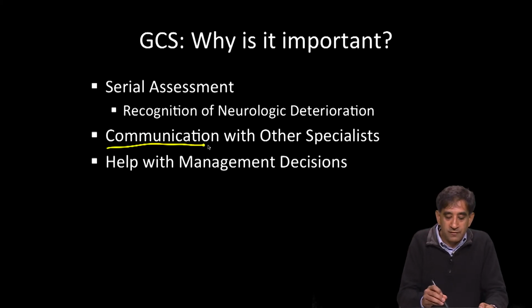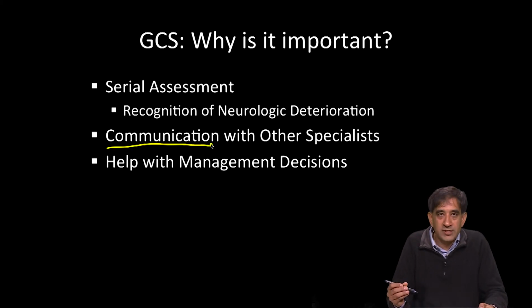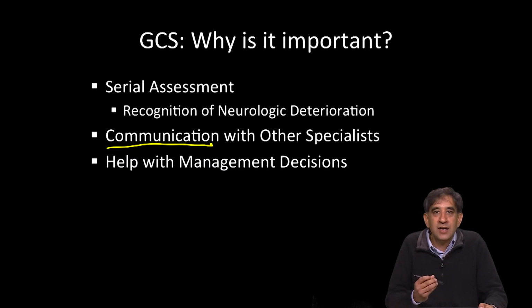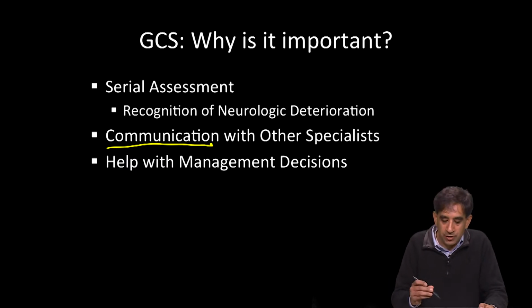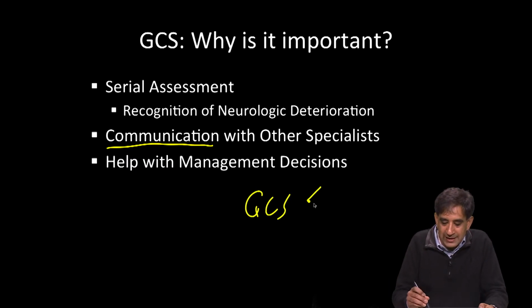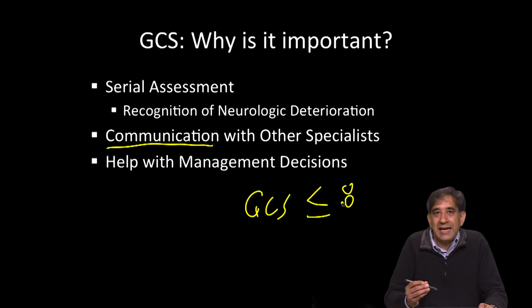We can also use it for communication with other specialists such as trauma surgeons or neurosurgeons to communicate our neurologic exam findings or our level of consciousness evaluation findings. And then finally, it can help with management decisions. As I mentioned earlier in the lecture, if your GCS is less than or equal to 8, generally we're going to intubate these patients for airway protection.